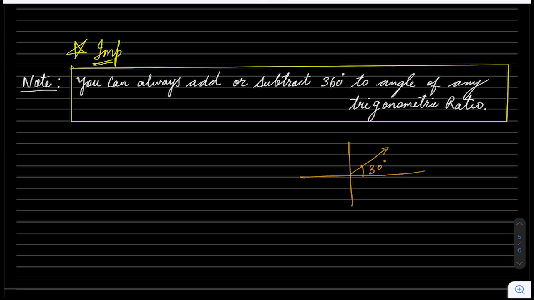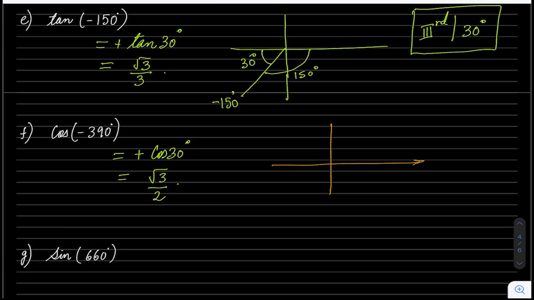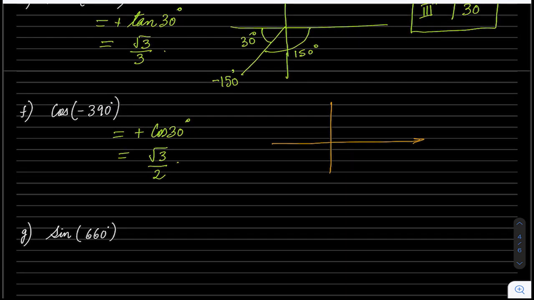So for example, if you have a 30-degree angle, and if you add 360 in this, you will just make one complete revolution and you will arrive at the same point. So adding 360 or subtracting does not change anything. That is what sometimes I find useful and easy, and even some students find it very useful. So second method is, instead of solving for minus 390, you can add 360 in this and it will not change the value at all.